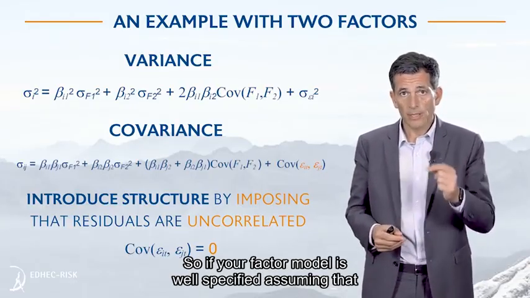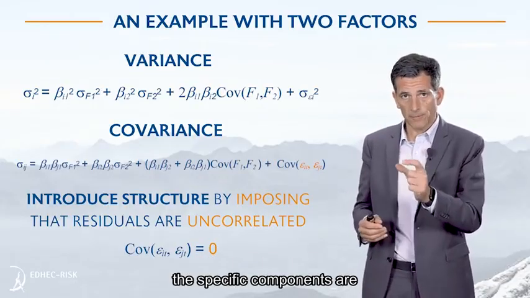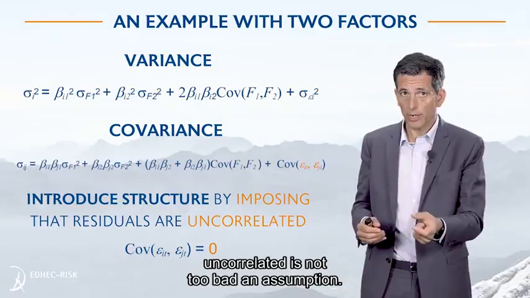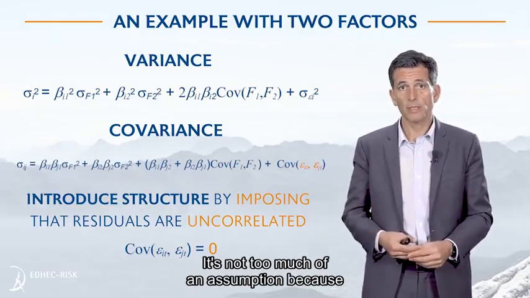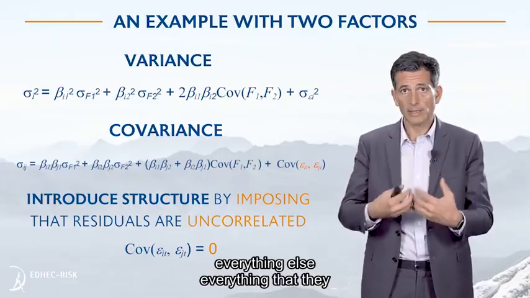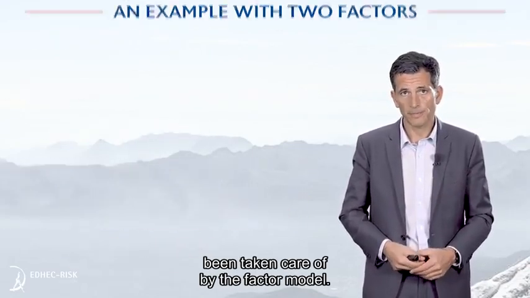So if your factor model is well specified, assuming that the specific components are uncorrelated is not too bad an assumption. It's not too much of an assumption because everything that they have in common has already been taken care of by the factor model.